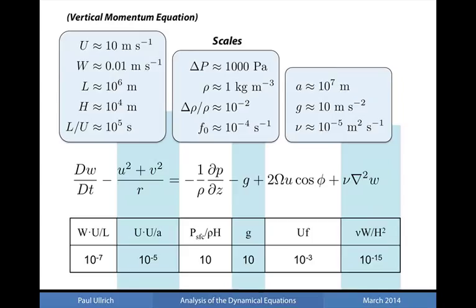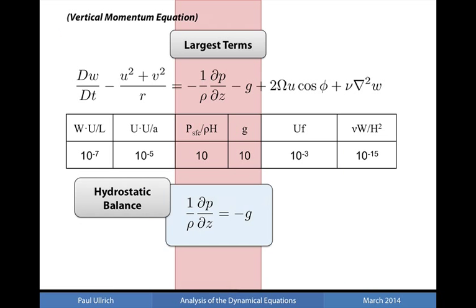You'll notice again in this case we have observed a dominant balance in these equations. This time not between pressure gradient force and Coriolis, but between the pressure gradient force in the vertical and gravitational acceleration. If we just write these two terms out, we get 1 over rho dP/dz equals minus g.